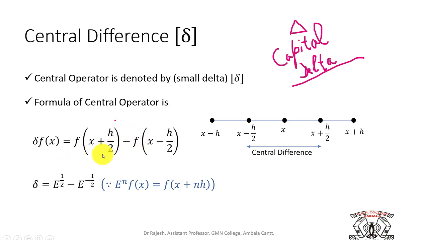Now if we write it in the shift operator sense, f of x plus h by 2 is E to the power 1 by 2 applied on f of x.